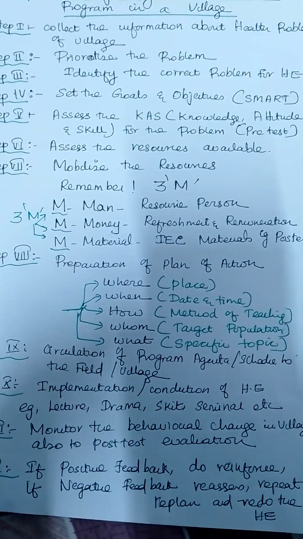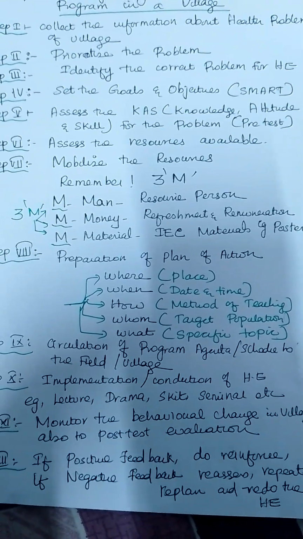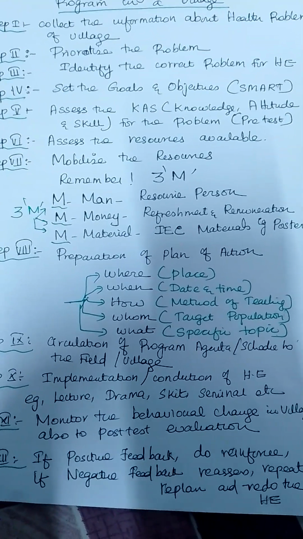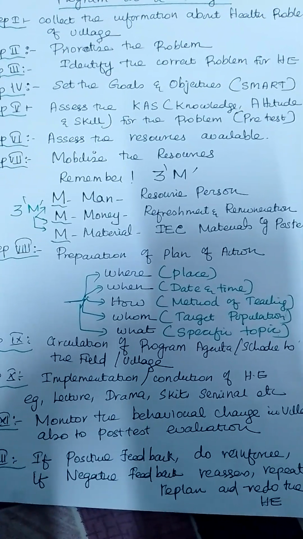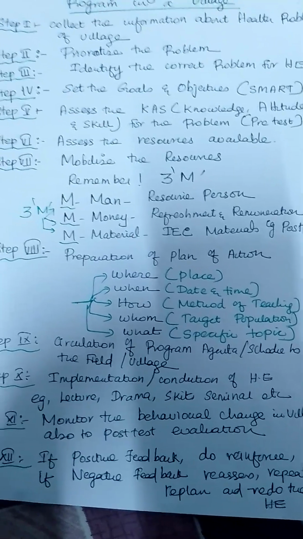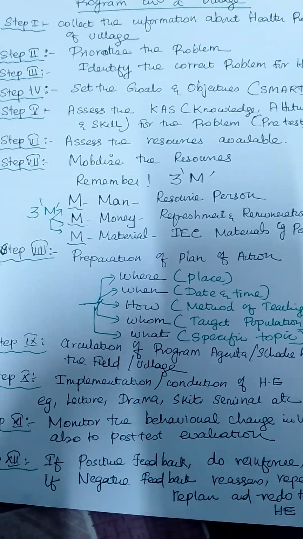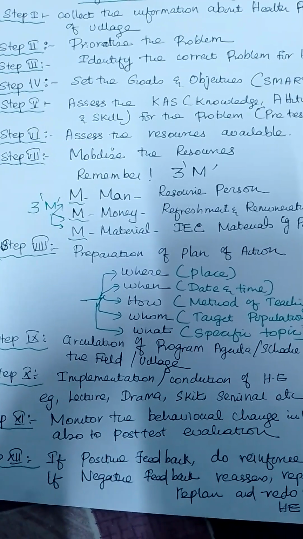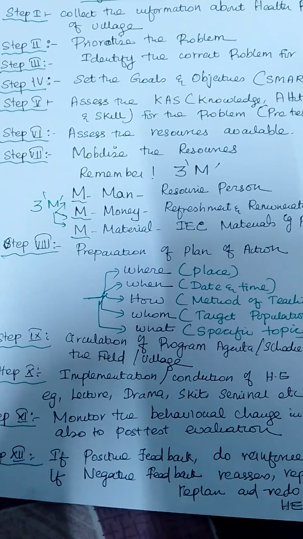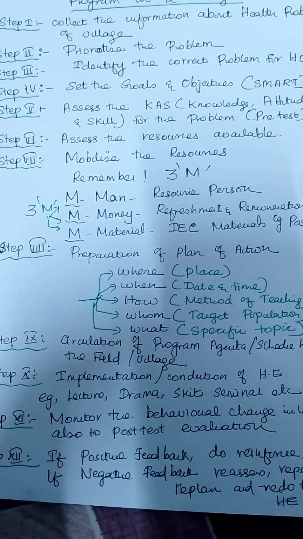Then for the problem, according to this KAP assessment, you prepare pre-test questions. For example, diarrhea is caused only by unclean water, or whatever it may be, you make a checklist or questions. They will answer it before your health education, correct? So after making the pre-test questions, you have already planned to conduct the health education.